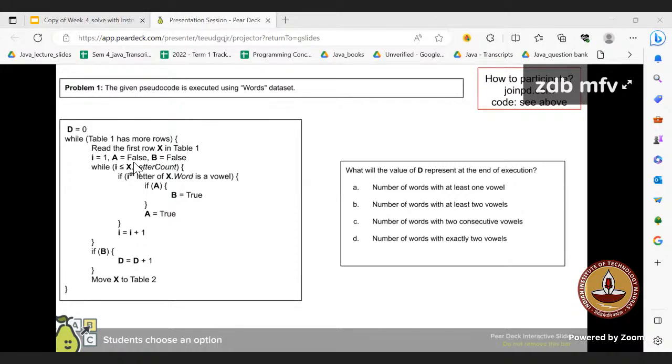When the if condition is satisfied, you will execute the statement inside the if block. Similarly, "if A" means if the value of A is true, then only you will execute the statement inside the if block. If not, you won't execute. If the value of A is false currently, at the point of time where you are checking your code, then you won't execute the statement inside the if block. But if it is true, you will execute.